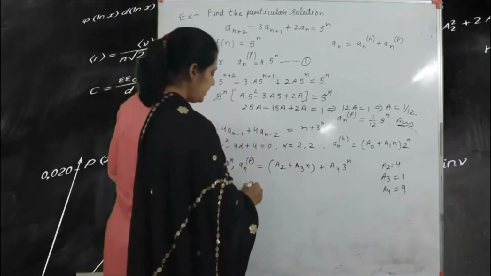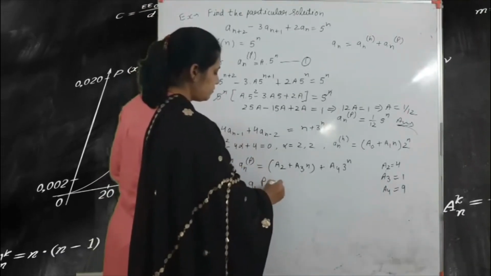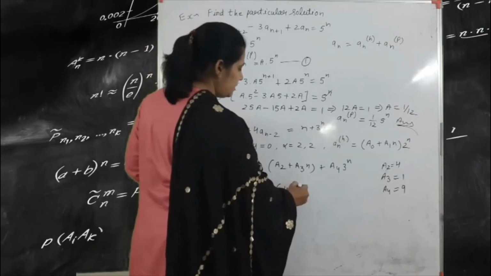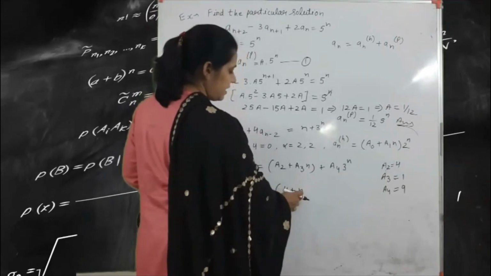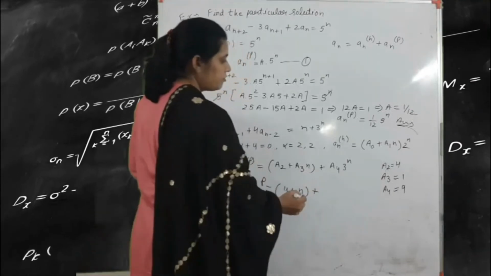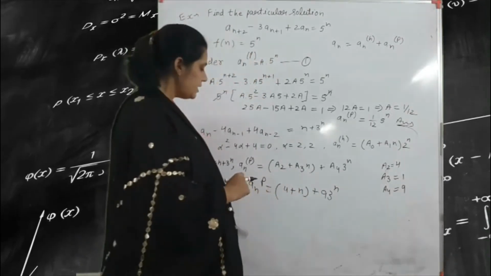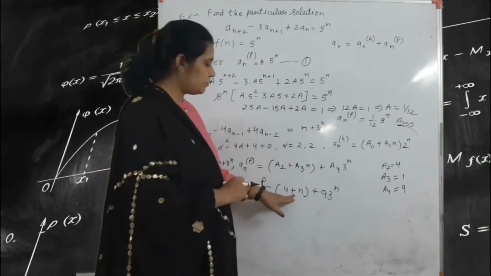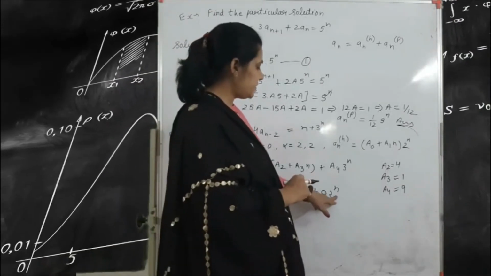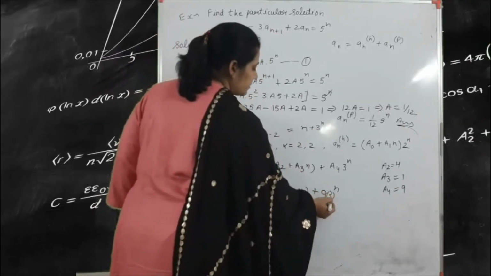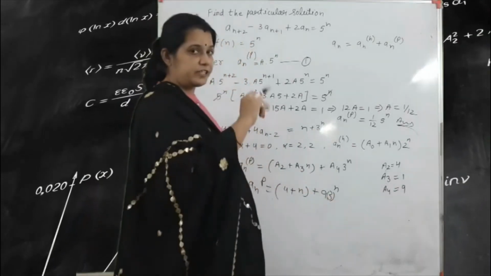So a_n^(p) is 4 + n + 9 times 3 raised to the power n. Don't be confused here, it is 9 into 3 raised to the power n.